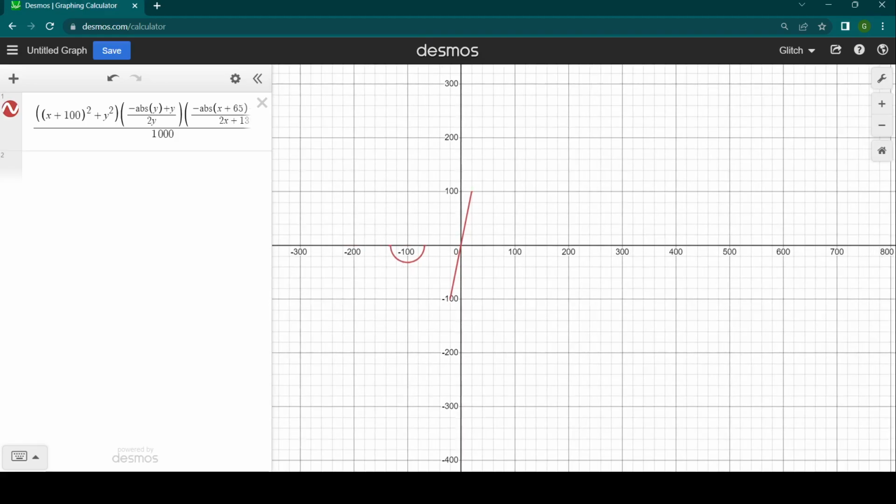Let me grab that function from my other tab. It's really big. It's in this Google Doc I have. It's 10 pages long. It's pretty ridiculous. And because of that, it actually renders not too great in Desmos, but it works fine.